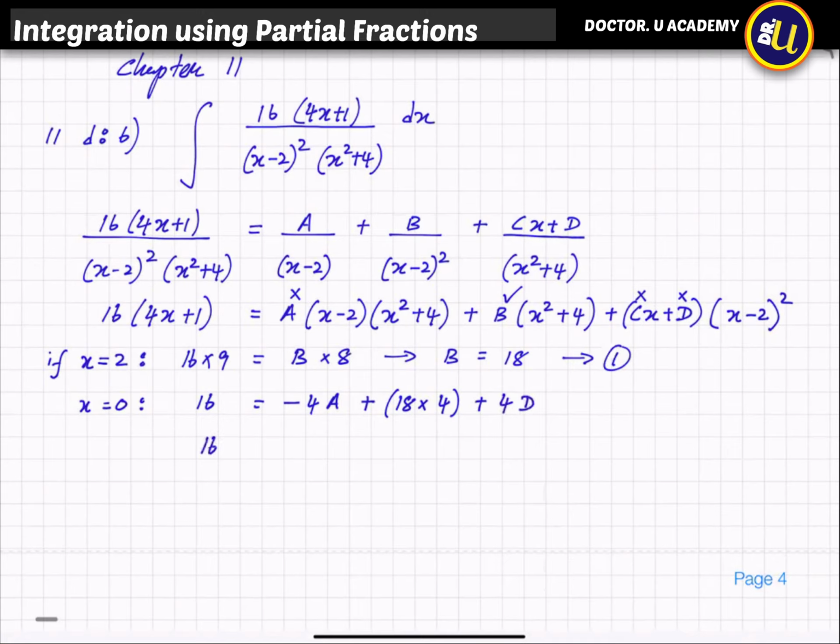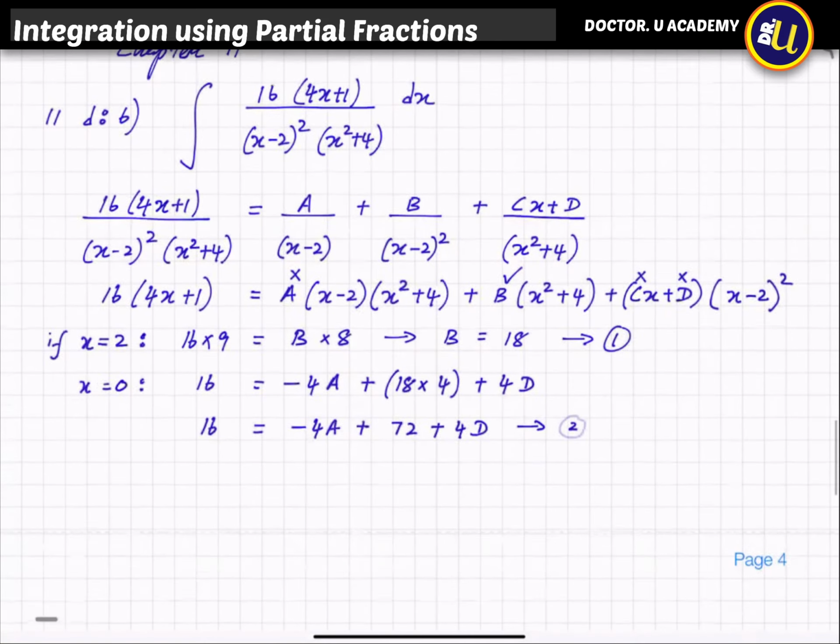So I get 16 is equal to minus 4a plus 72 plus 4d, and this is my equation 2.